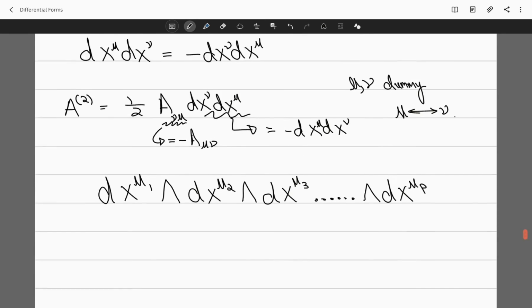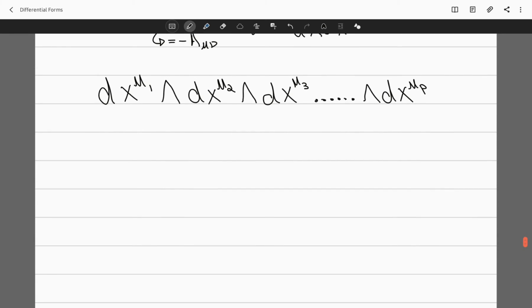Let me write down the question: what is so nice about anti-commuting differentials?